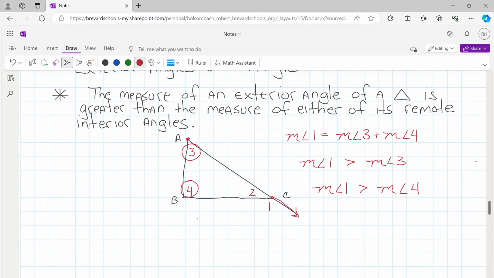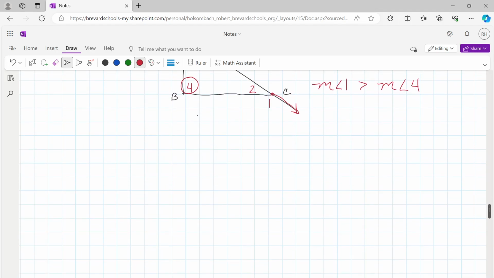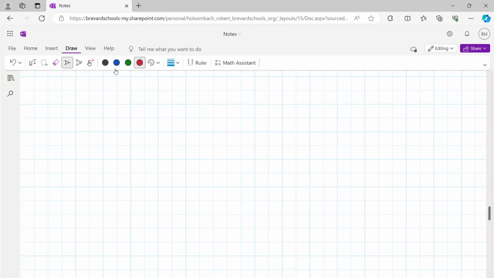So for just this next example, don't write anything down, just watch. Because if I draw this triangle right here, ABC, isn't this the exterior angle right here?